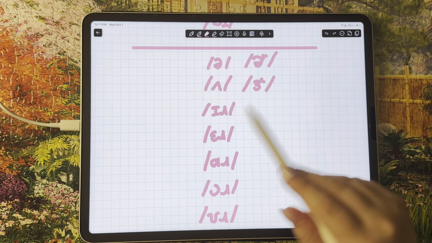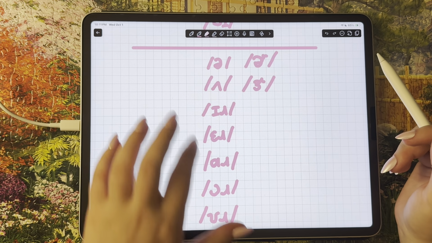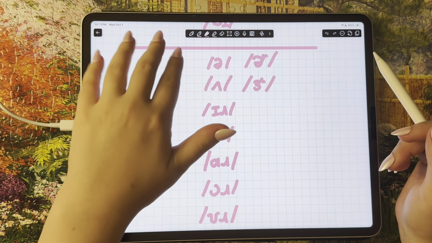A-R-E. That's going to be this vocalic R.